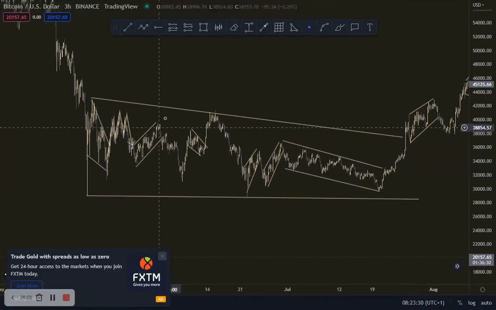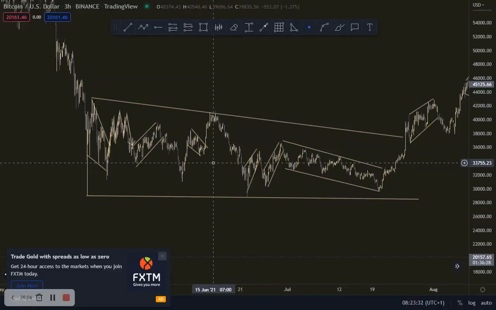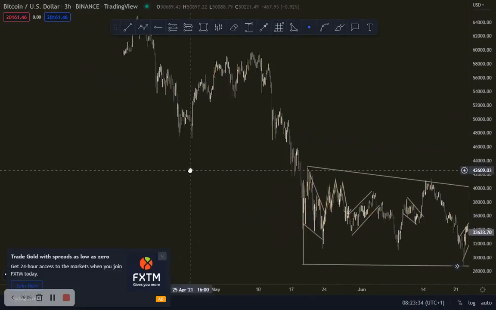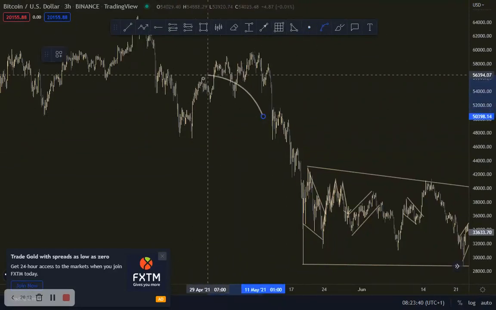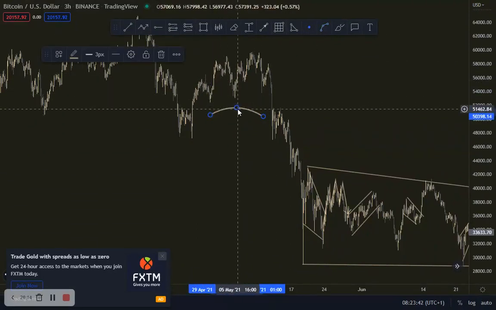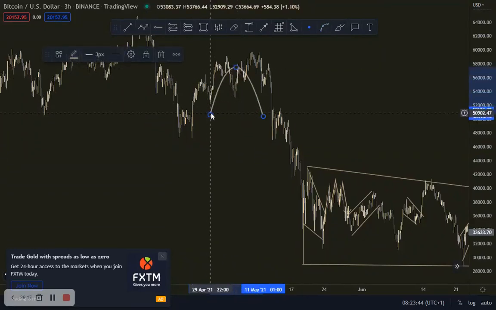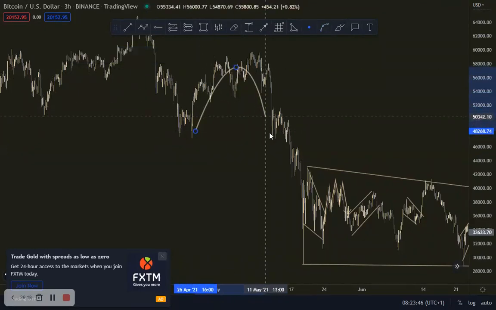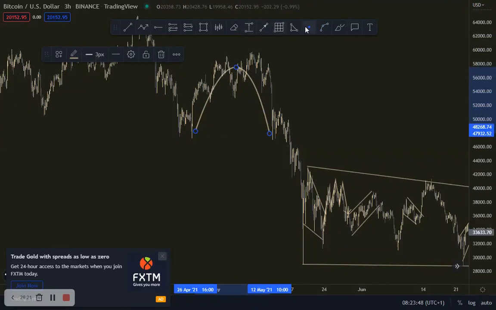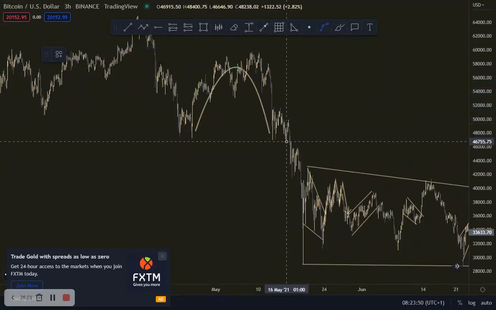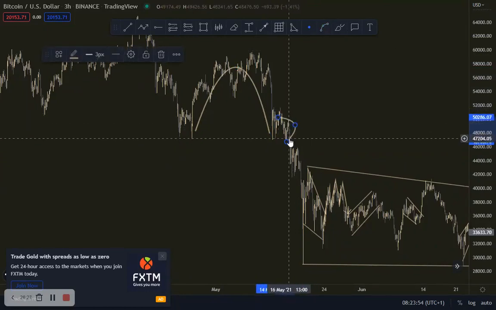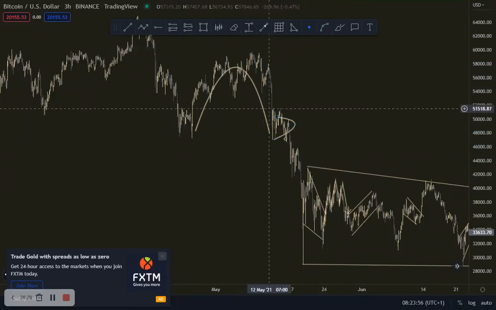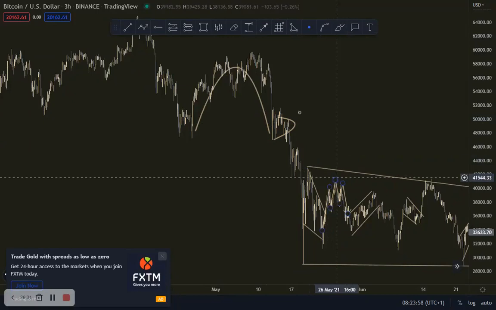So, guys, you can actually say that this is a cup and handle. Let's use this cup and handle, right? Cup, handle, impulse, correction, drop.